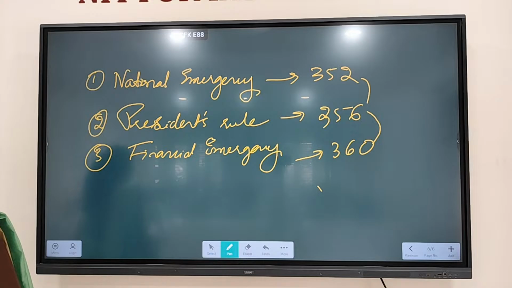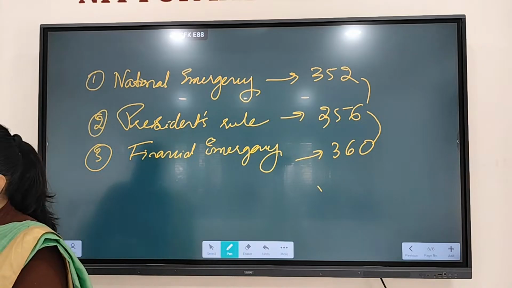Next, parliamentary form of government. Next one, federal system with unitary bias. Next, independent bodies. Then 3-tier government. And also secular state, single citizenship, fundamental rights, DPSP, fundamental duties, universal adult franchise. Okay, these 10 to 12 points are called the salient features of the Constitution. We have completed this chapter. We'll take a break and we'll continue with the preamble.